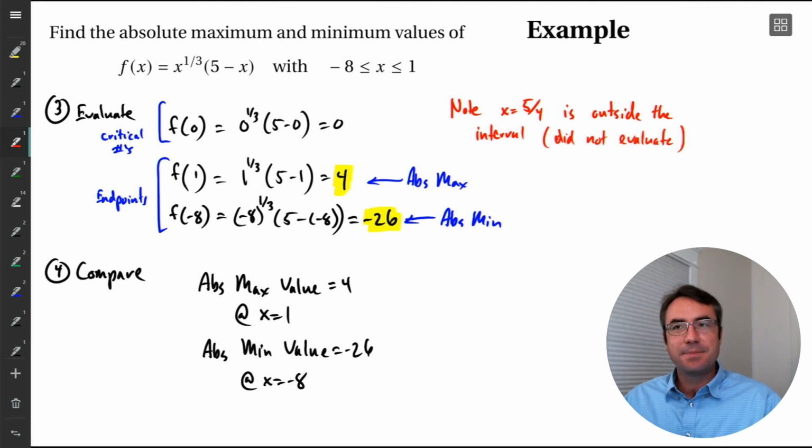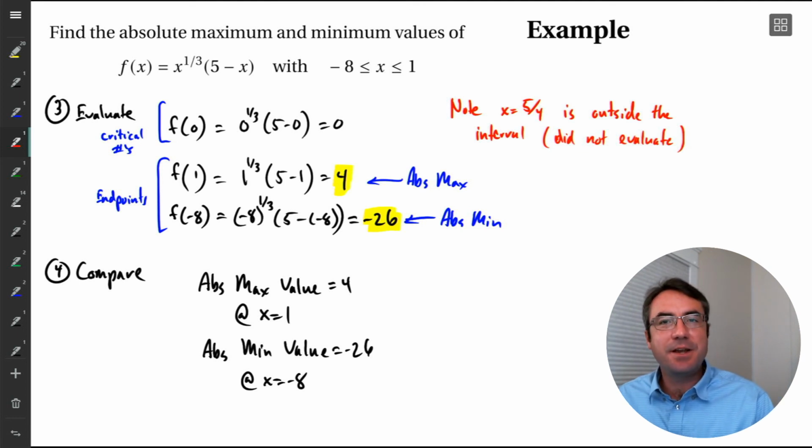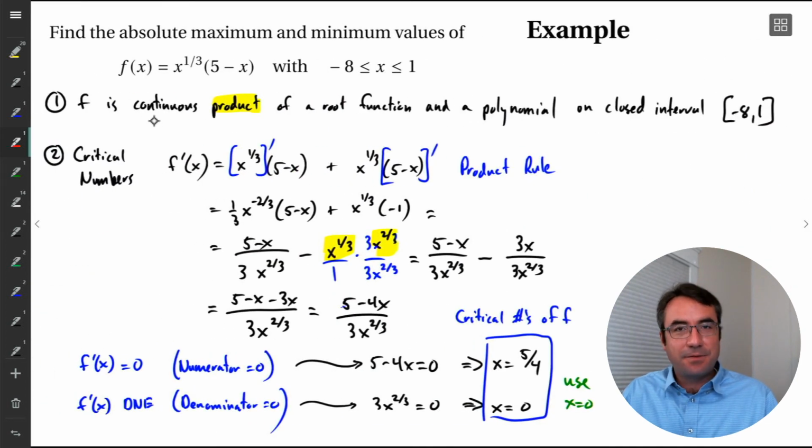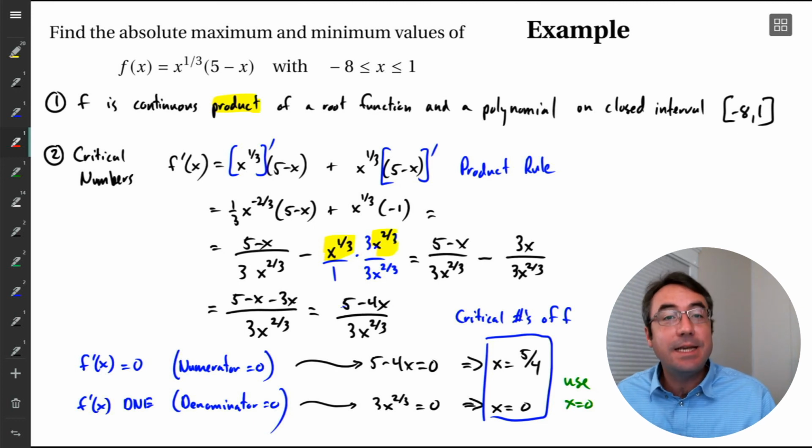All right. So this closed interval method gives us a nice strategy for how to locate where a function has an absolute max and an absolute min on a closed interval. So again, the steps: first, identify that the function's continuous and you're working with a closed interval. That guarantees you're going to have an absolute max and an absolute min by the extreme value theorem. Then you start looking for where it happens.